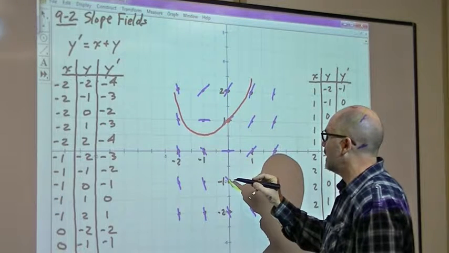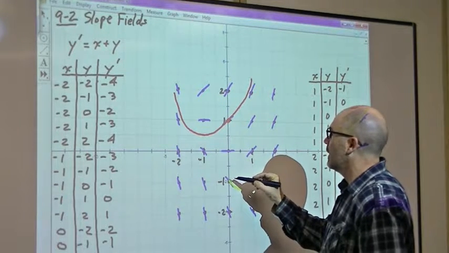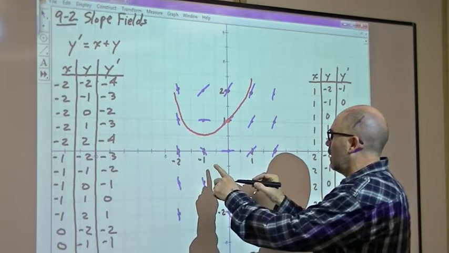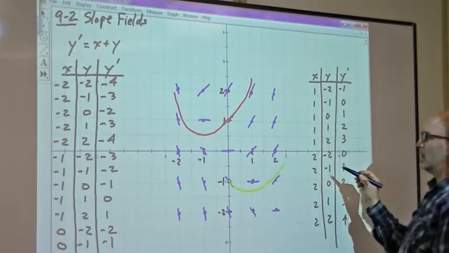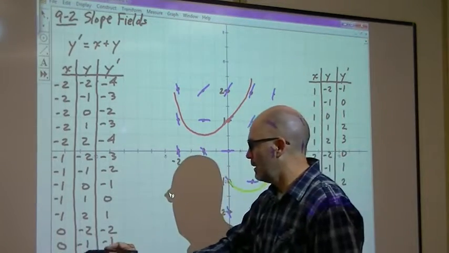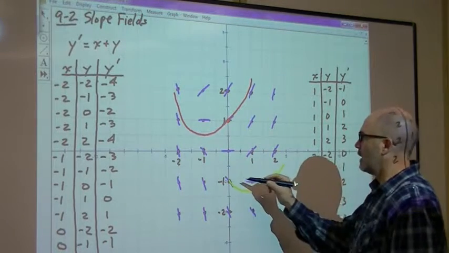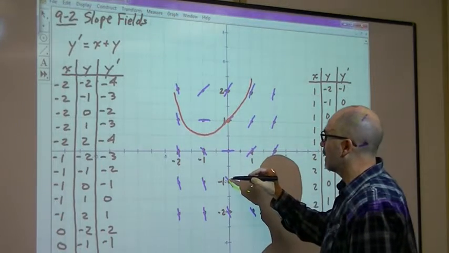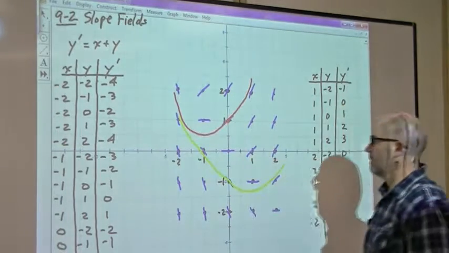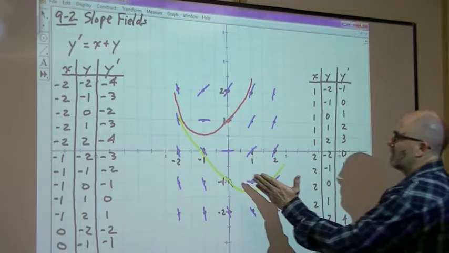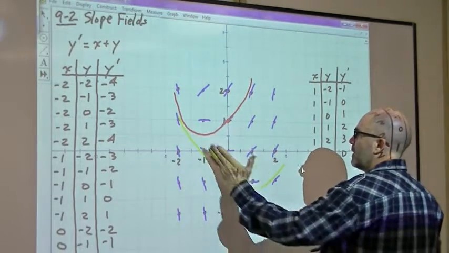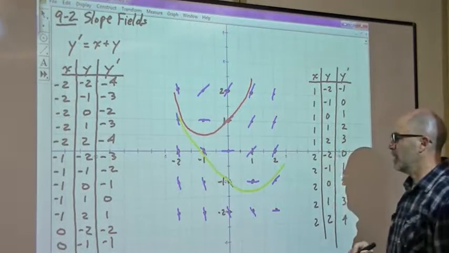Okay, so it stays at a fairly level negative 1 slope, and then it gets steeper as it goes up here.